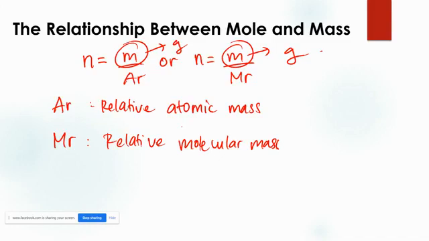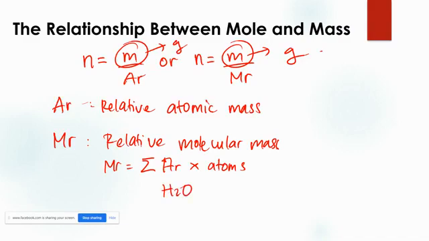MR can be found by adding all of the AR values of elements multiplied by number of atoms. So for example, I have water molecule.